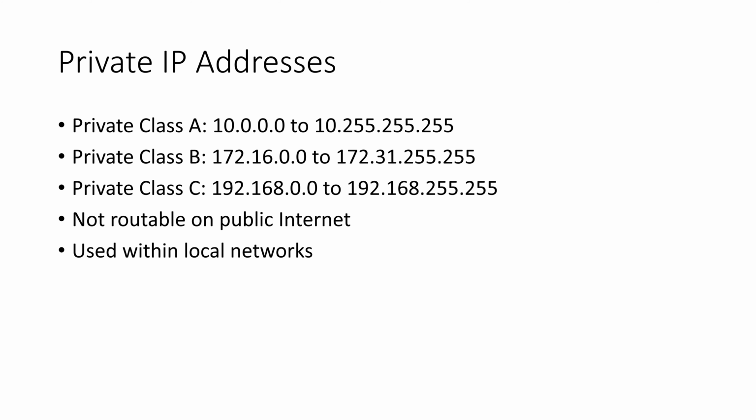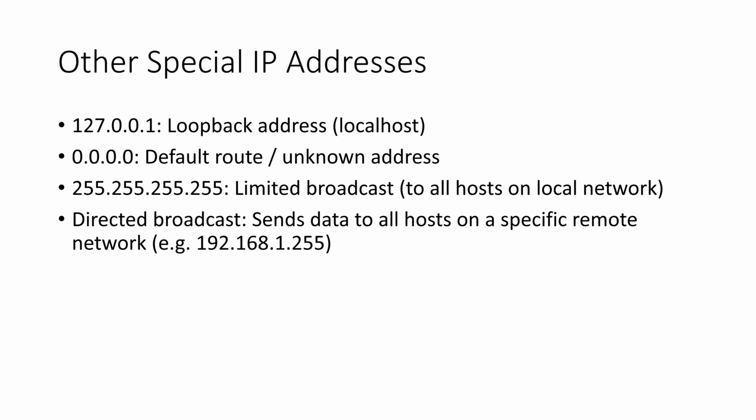The Class C private range is from 192.168.0.0 to 192.168.255.255. Your home Wi-Fi router most likely assigns IPs from 192.168.something.something, and these ranges help conserve public IP space and secure the internal network.